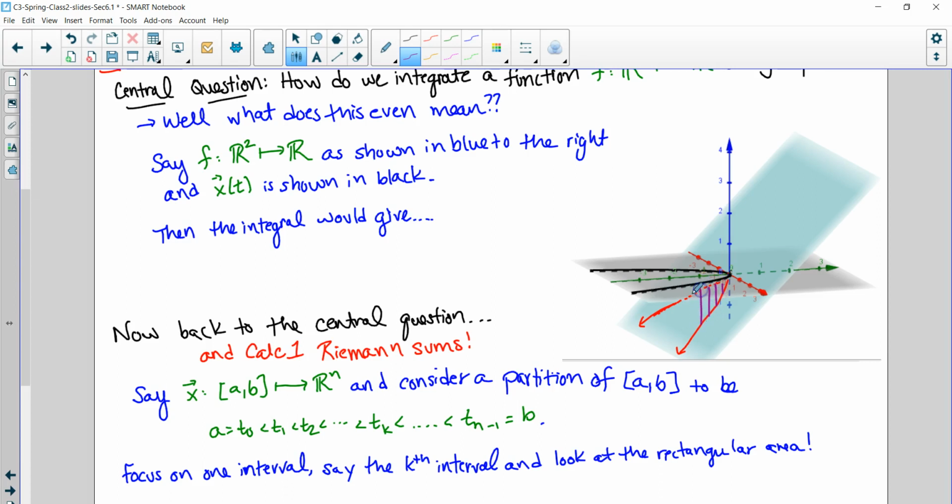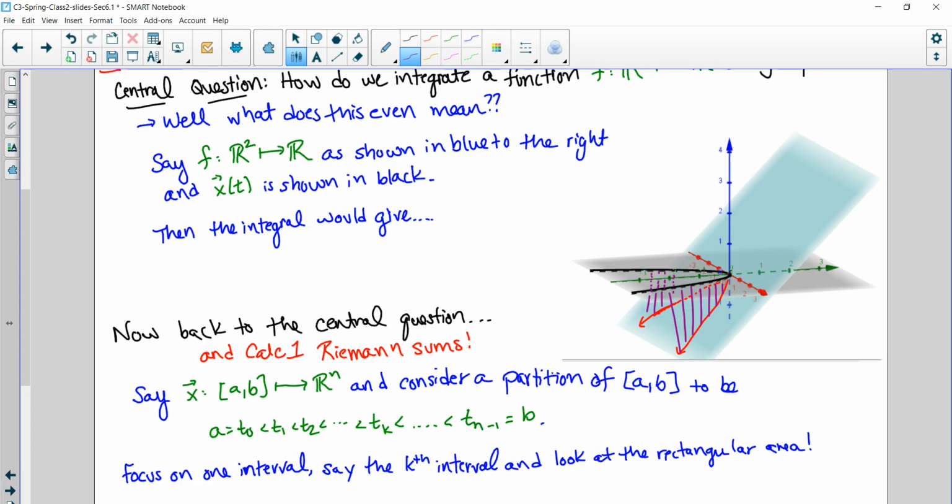If we think about connecting lines here, it would give the area between the path and the function.